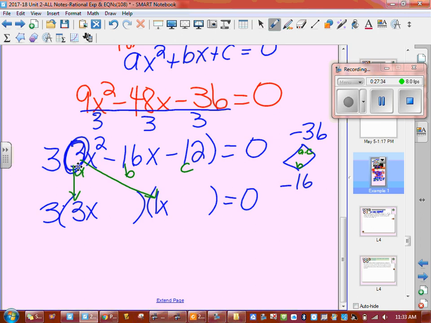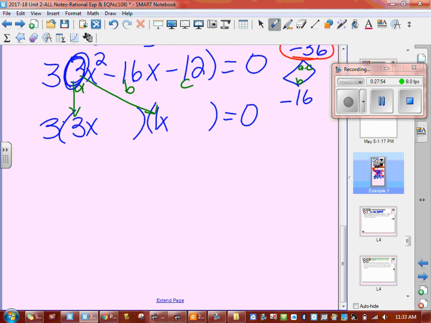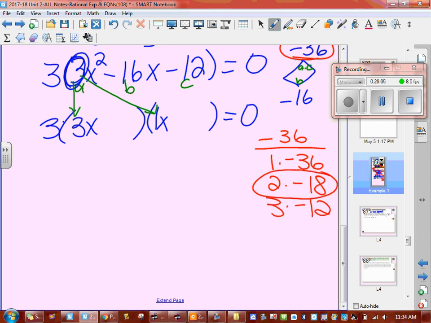So when I'm doing this, we factor 36. So I'm going to take a negative 36, and I'm going to have 1 times negative 36, 2 times negative 18, 3 times negative 12, and we've already found our pair. Okay, so you keep factoring the last digit, the top one, AC, until you find the pair of numbers that adds to the middle number.